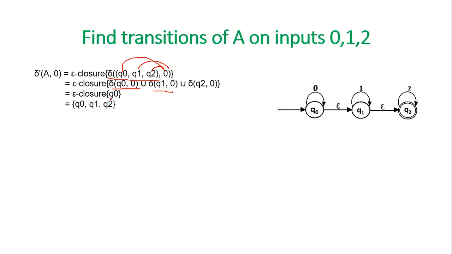What is the value of A comma 1? All of you please take a note, try this transition and let me know the value for A comma 1. Q1, Q2. Q1. Okay, two people responded. What about the others? Yes, other students, please try and update me.